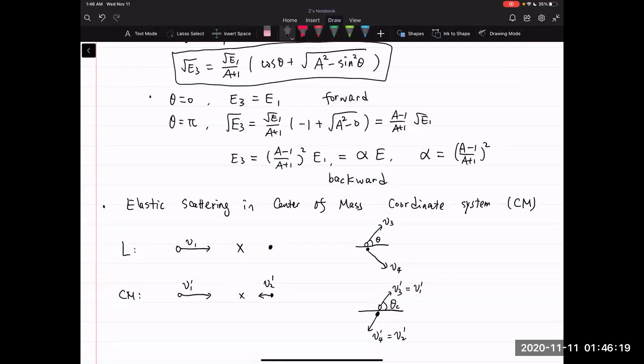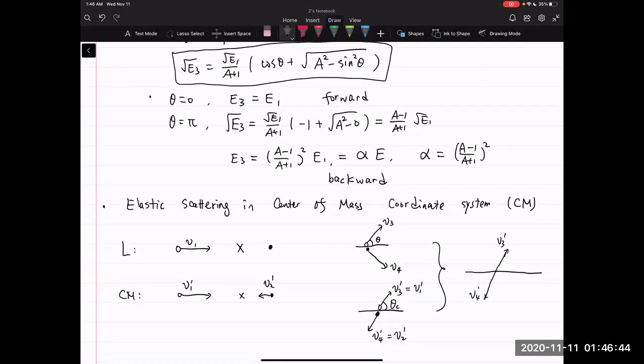Well, this is actually not too hard. In fact, if you combine these two figures together, we can already see the difference. So, drawing here in the center of mass coordinate, this v3 prime is exactly the opposite of the v4 prime.